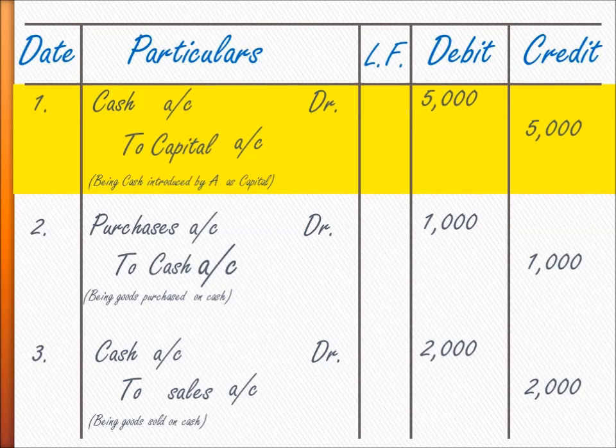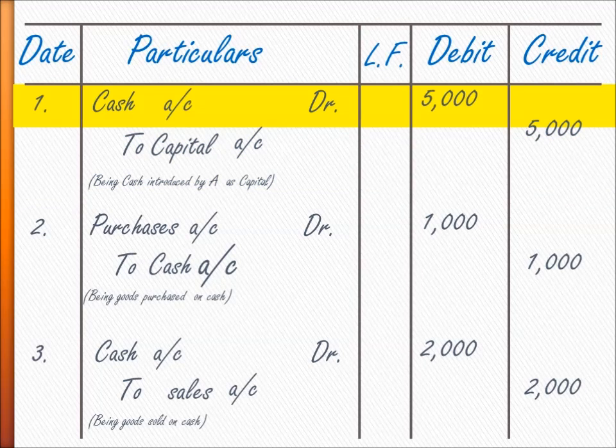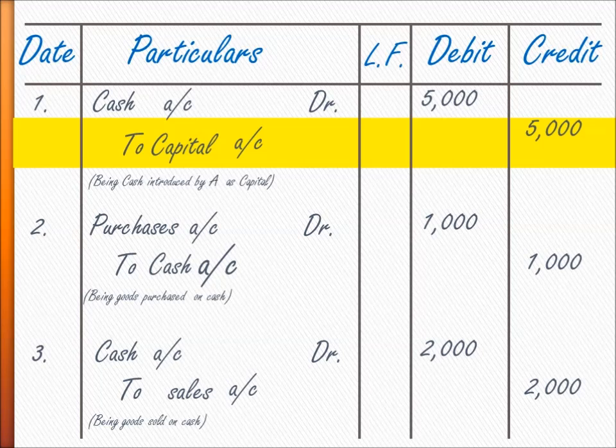If you look at the journal entry carefully, I mean to say journal entry number 1, the journal entry is cash account debit to capital account 5,000. What does it mean? Cash account has been debited by rupees 5,000 and capital account has been credited by rupees 5,000. We'll do the same thing in our ledger posting.